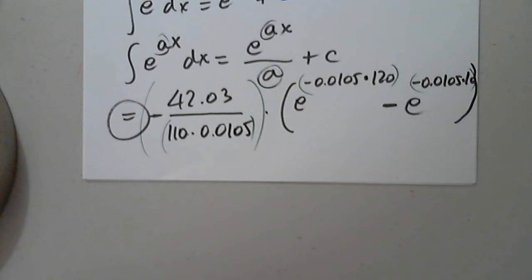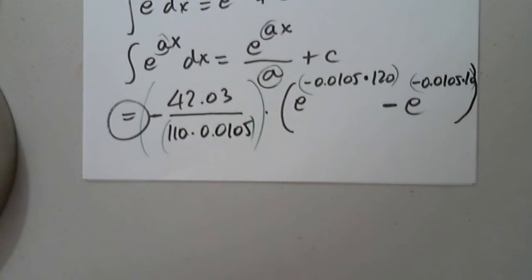Okay, so now e, and the power is negative 0.0105 times 120, close the parenthesis, come down from the power, if you have this kind of calculator, and minus e to the negative 0.0105 times 10. Yes, that part I can do by hand, but I didn't. Okay, and come down, close the parenthesis for this pair.